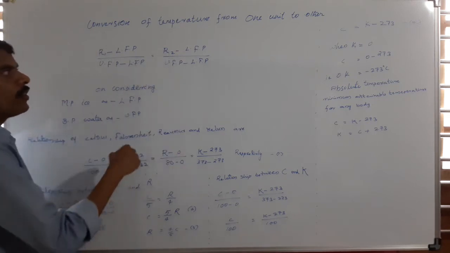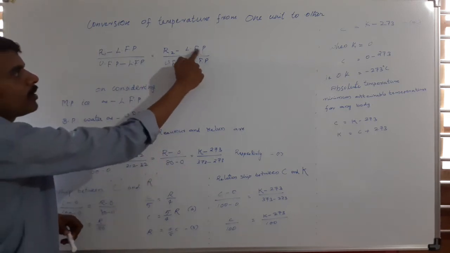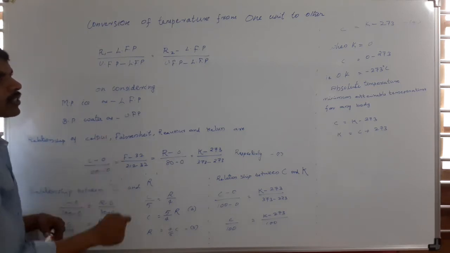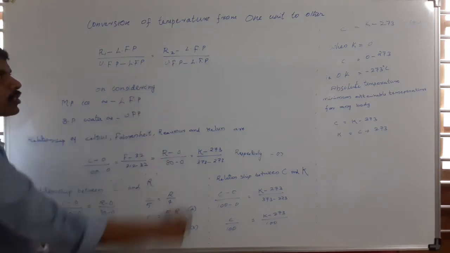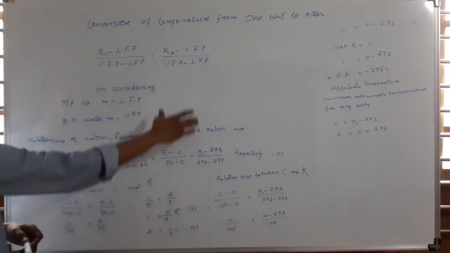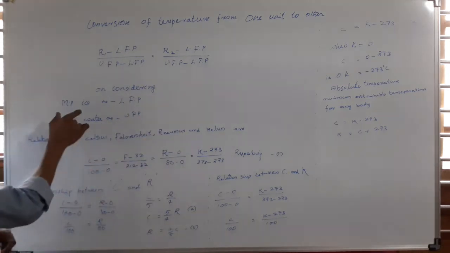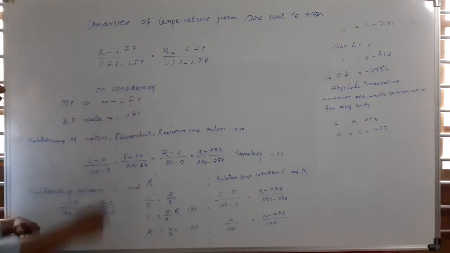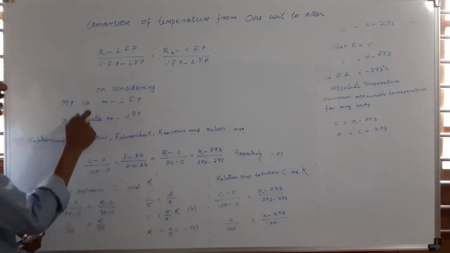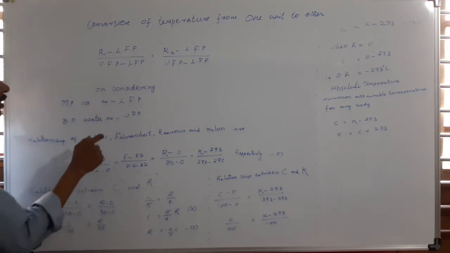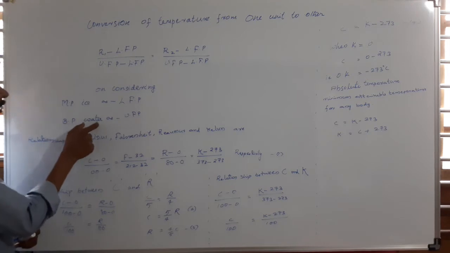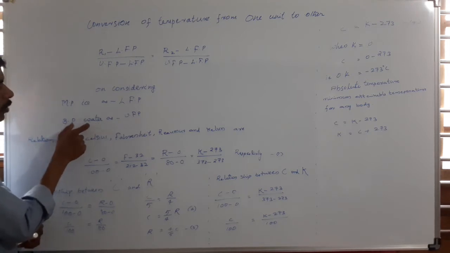R2 is the reading of the second scale, where LFP is the lower fixed point of that particular scale, and UFP is the upper fixed point of that particular scale. So we are considering LFP as the melting point of ice at normal pressure, and UFP as the boiling point of water.